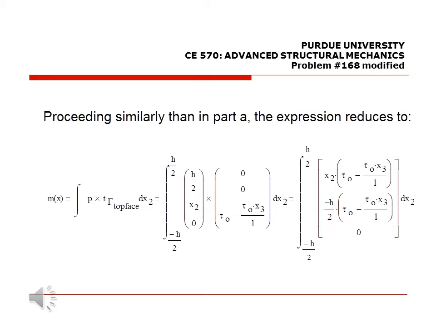Proceeding similarly to part A, the expression reduces to Mx being the integral of p cross product tau gamma in the top face, evaluating between minus h over 2 to h over 2, as shown.